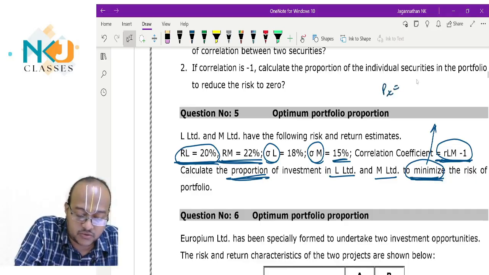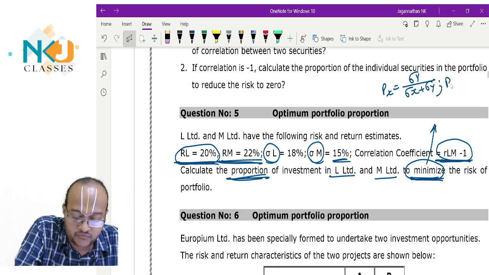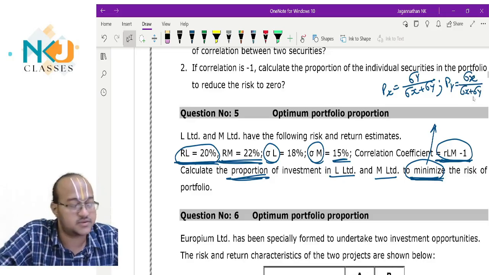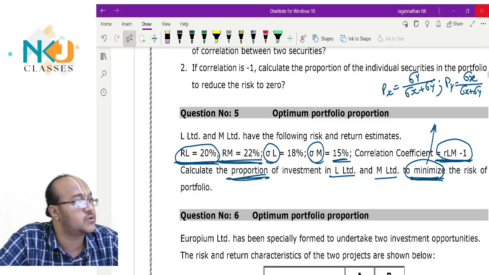Proportion of x is equal to sigma y divided by sigma x plus sigma y. Proportion of y is equal to sigma x divided by sigma x plus sigma y. This is a simple, straightforward question, and you have already solved this type of question. See here.